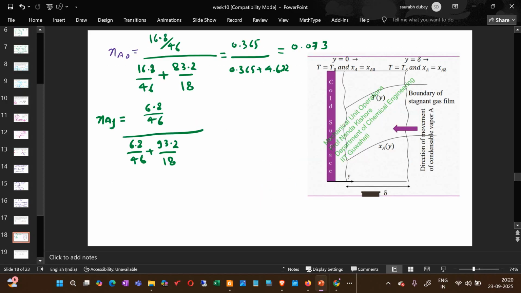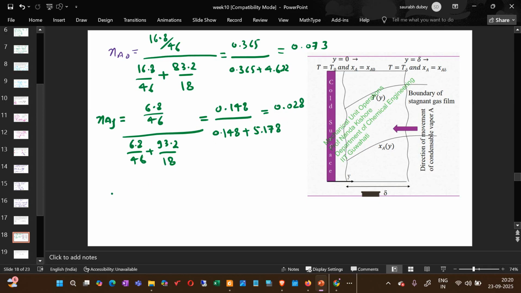So when you solve it, 0.148 divided by 0.148 plus 5.178. This will give you 0.028.